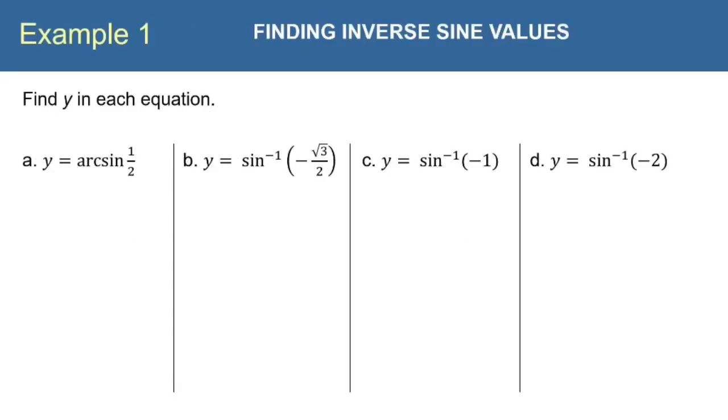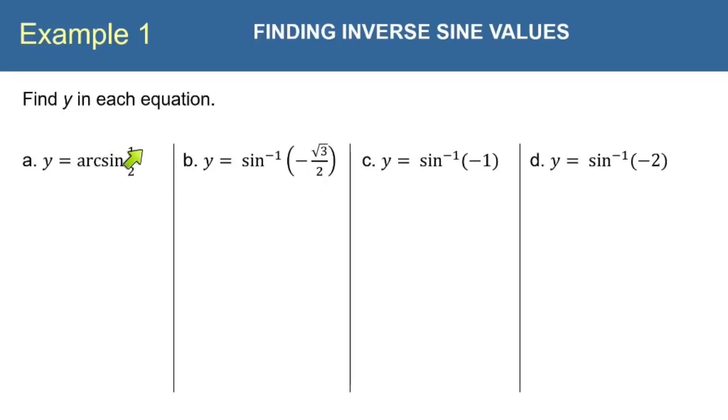So here's example 1, and let's just practice working with the sine inverse function a little bit. So in part A, it says y equals arc sine of 1/2. Now you remember that the arc is just the older notation for the inverse function. So arc sine and sine inverse mean exactly the same thing. So right here we are looking for an angle between -π/2 and +π/2 whose sine value is 1/2.